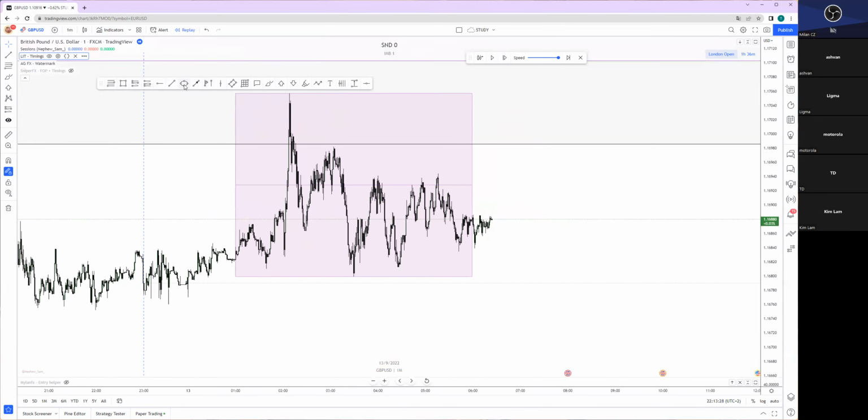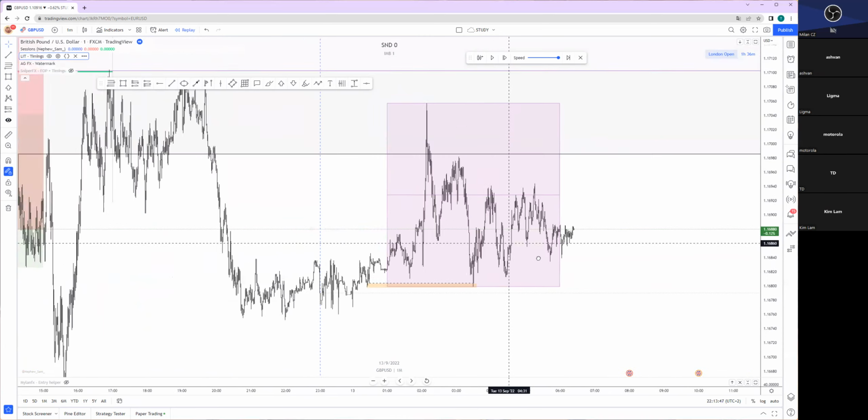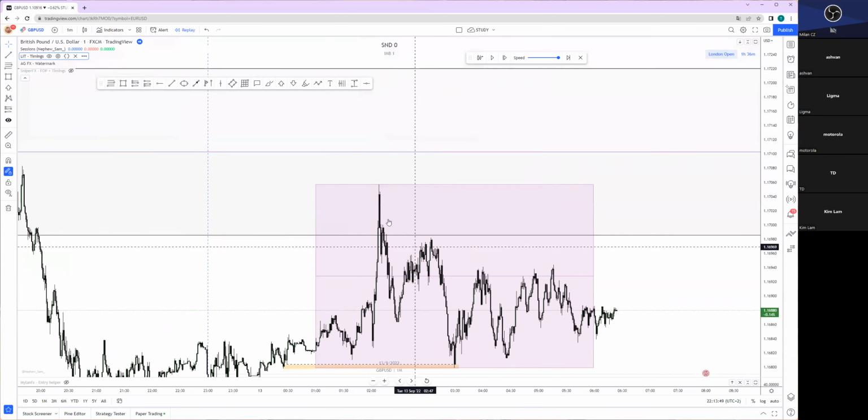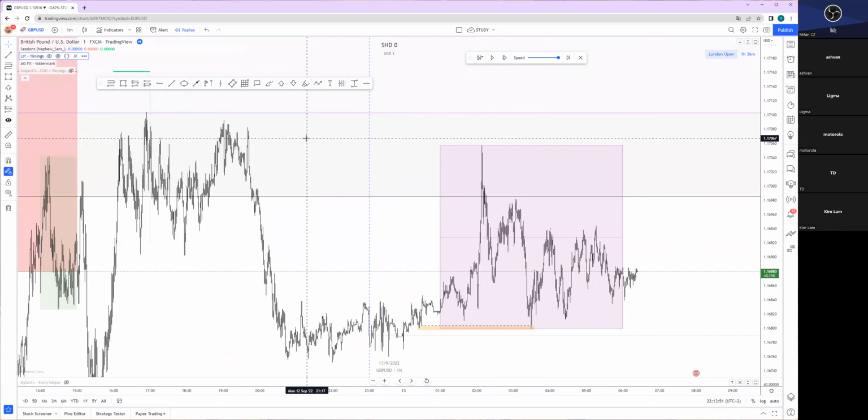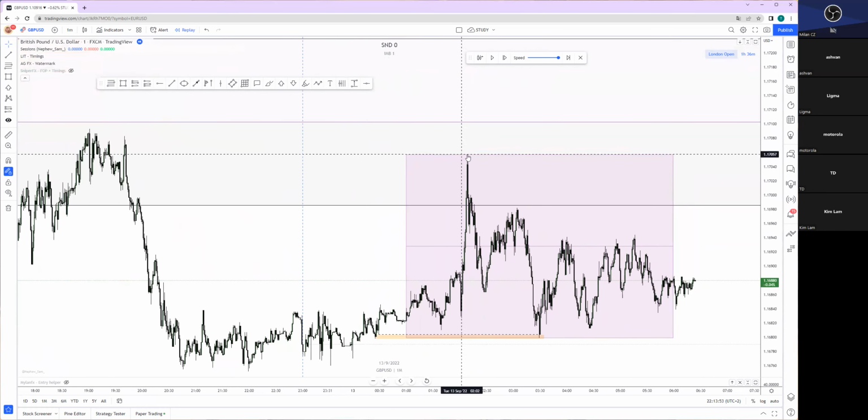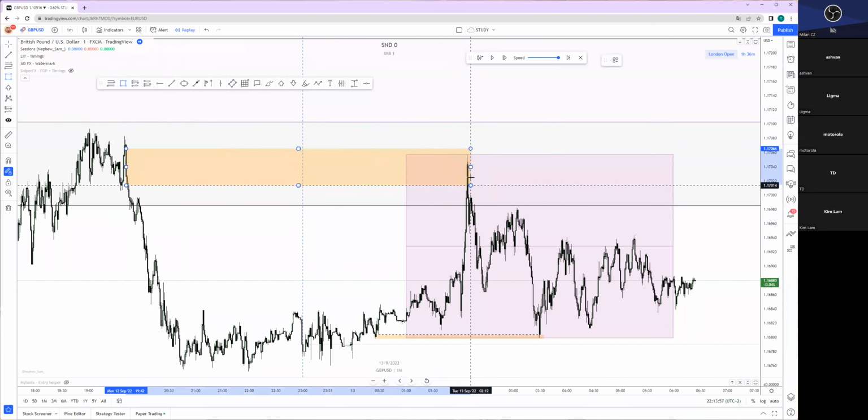So we just took this liquidity as well. Okay, so Asian took this liquidity, and tapped into this as well. But it's not important. And we have this high mitigating nothing except for imbalance.